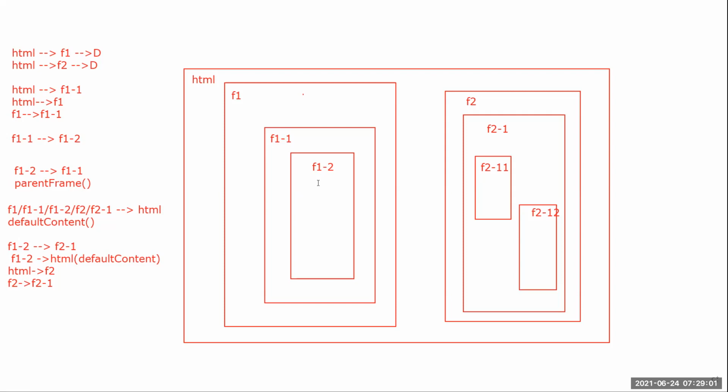What we can do is analyze the HTML and see if it is present inside a frame or it is directly in the HTML. That is the only way that we can decide whether it is inside a frame or not.